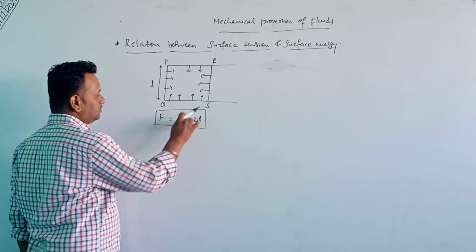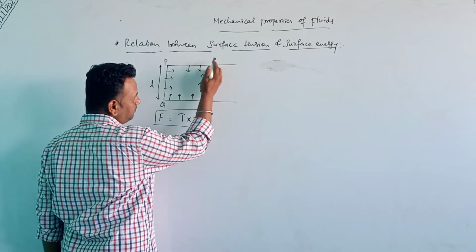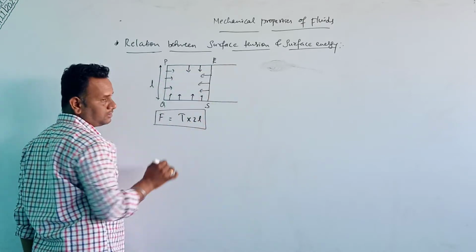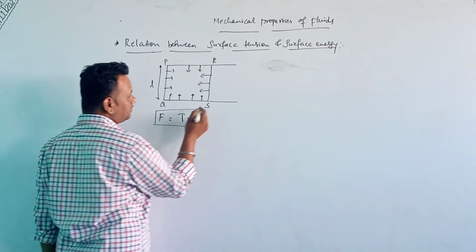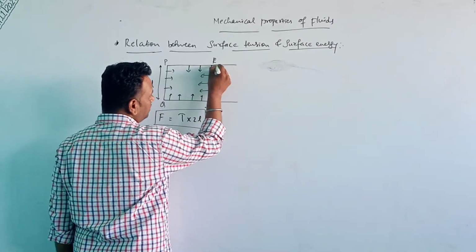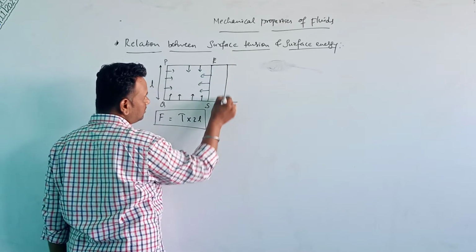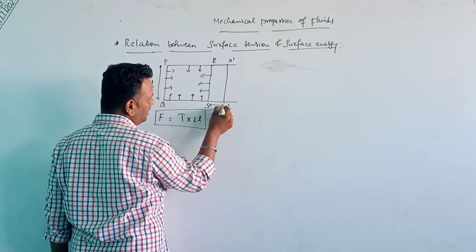Now, RS is a slide which can be moved in the forward and backward direction for some distance. Say, for example, it has been moved to R dash, S dash, a distance x.